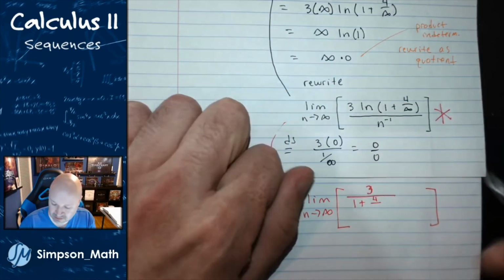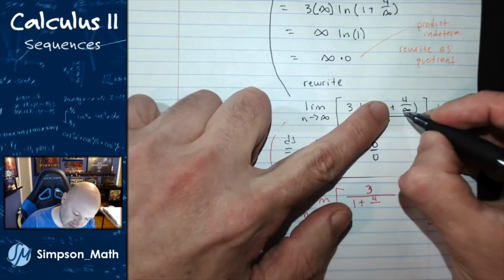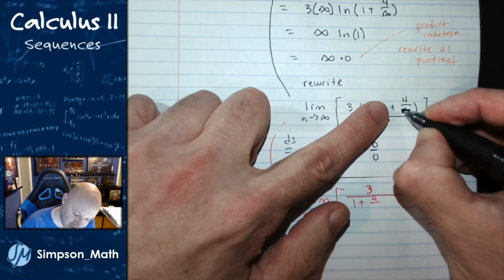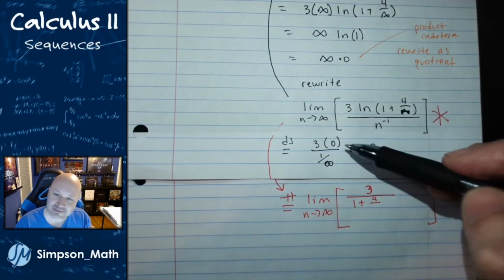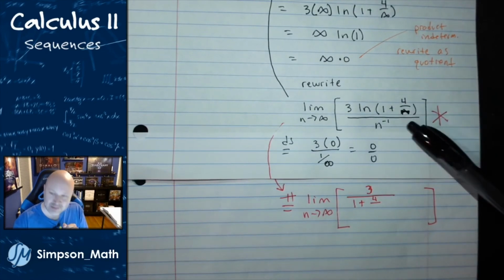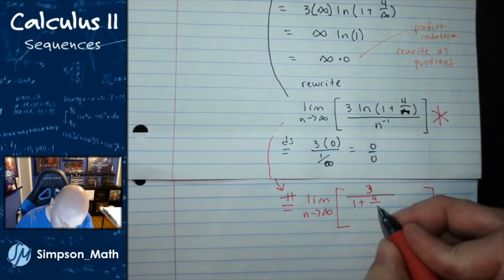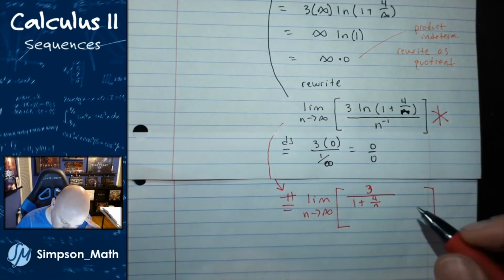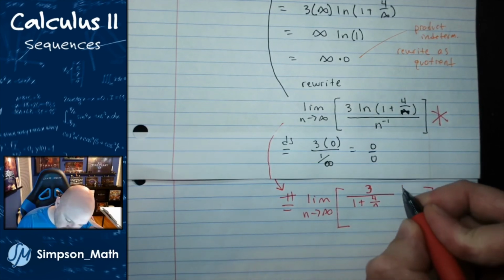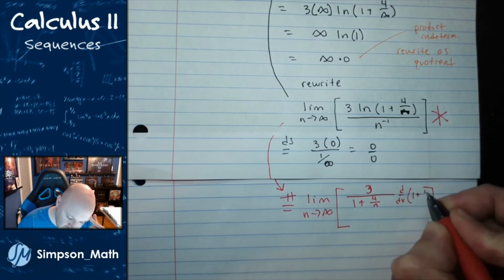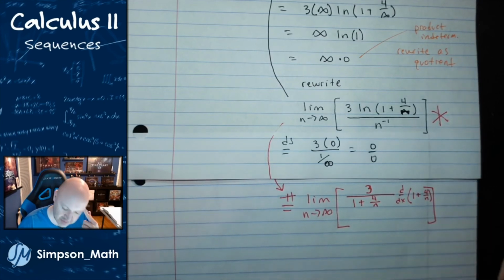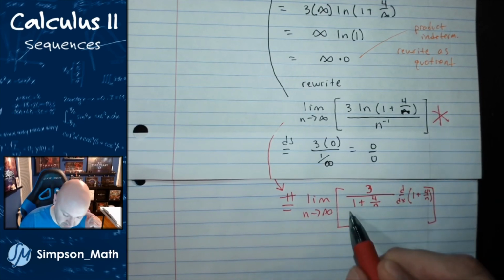That's an n. I have 4 over n, but I do still need to handle the derivative of 1 plus 4 over n. I'll leave that for a rainy day.